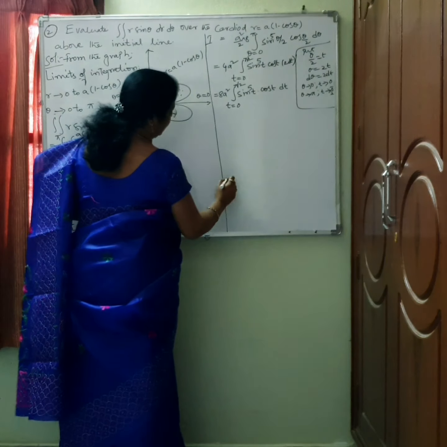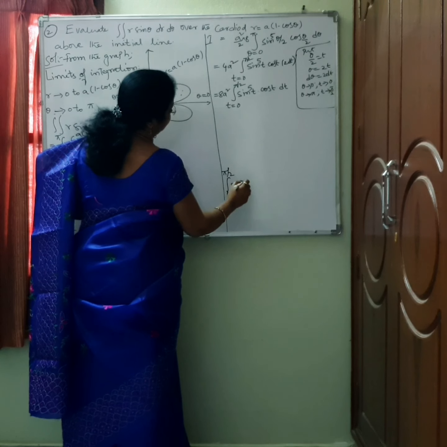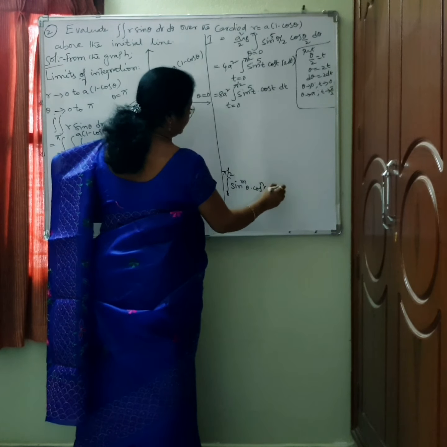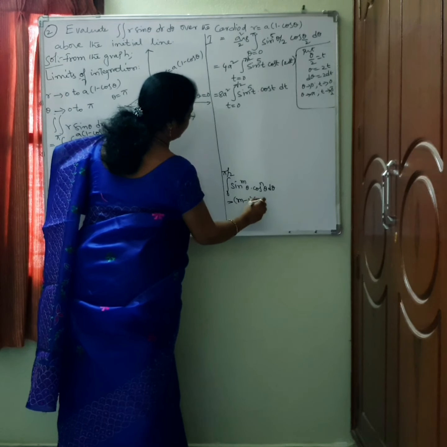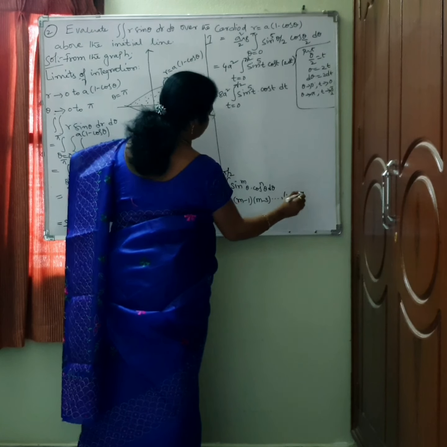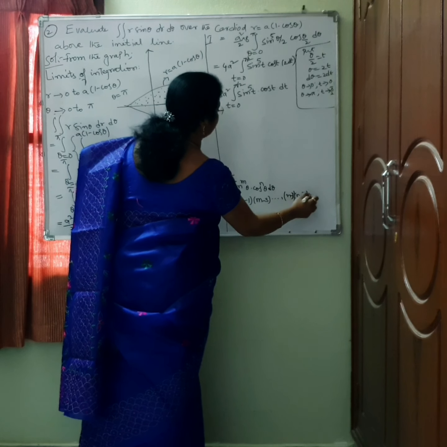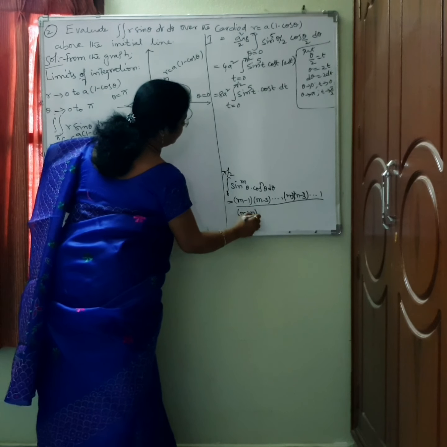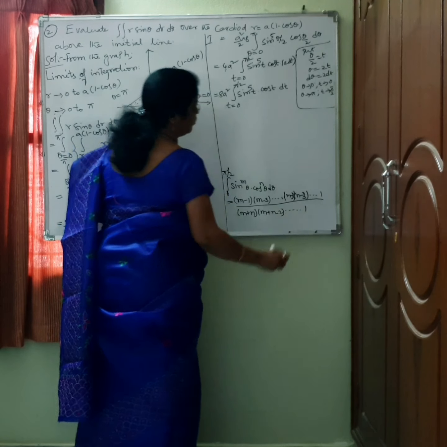Again we have a formula: integral 0 to pi by 2 sine to the power m theta cos to the power n theta d theta is equal to, the formula is (m minus 1)(m minus 3)... up to 1 into (n minus 1)(n minus 3)... up to 1, whole divided by (m plus n)(m plus n minus 2)... up to 1.